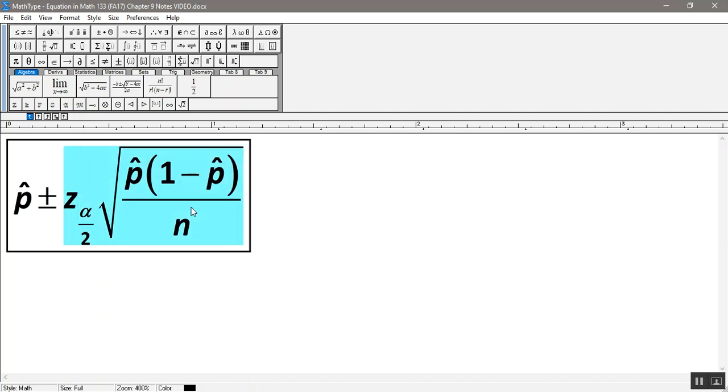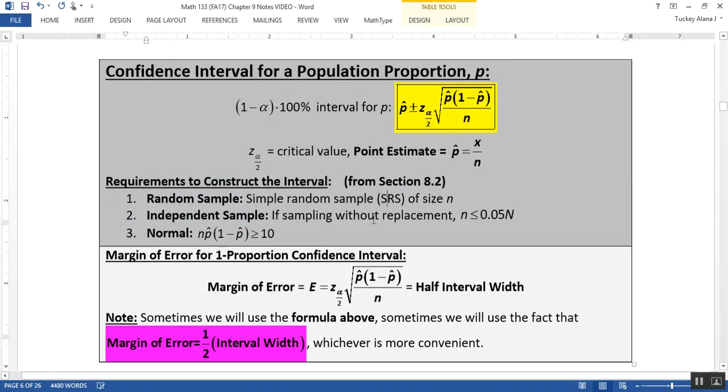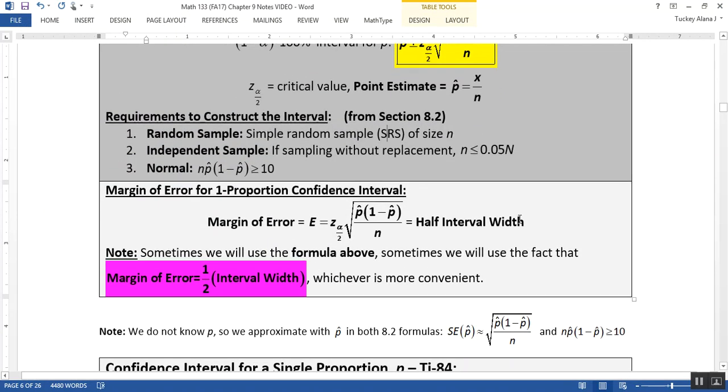We don't know where the population proportion is, but we think it's somewhere close to p hat. How close is what this is, right? This is your margin of error. So it's what you add on and subtract away. And sometimes it's easier to find with the formula, and sometimes it's easier to remind ourselves that it's half the width of the interval. So we'll sometimes use the formula above, and we'll sometimes use the half interval width, whichever is more convenient.